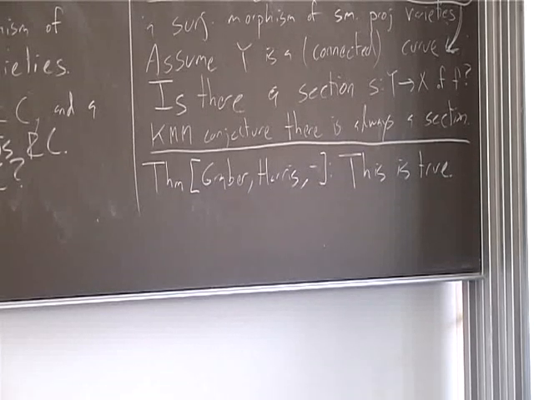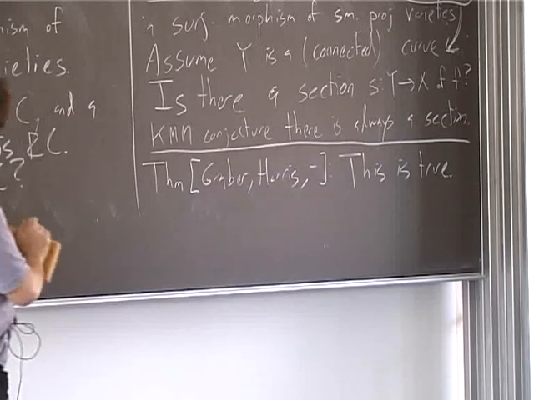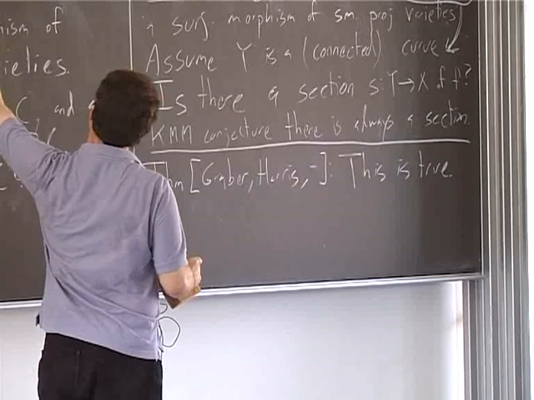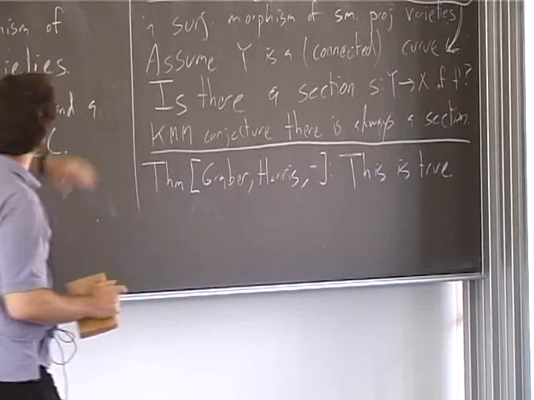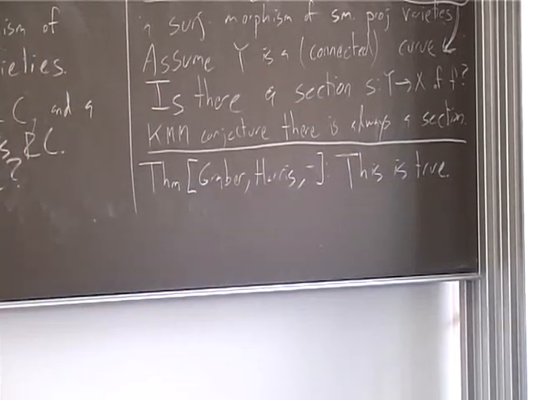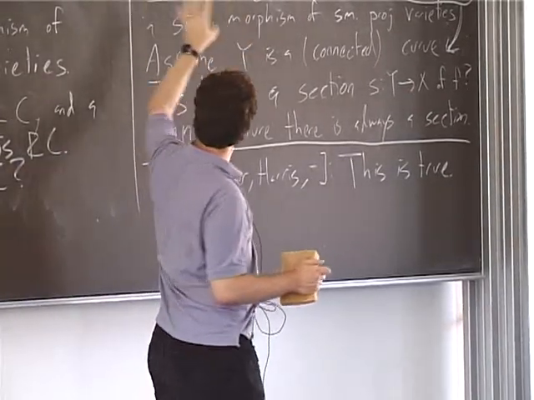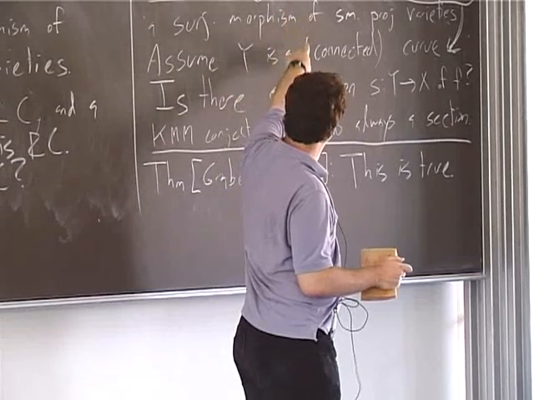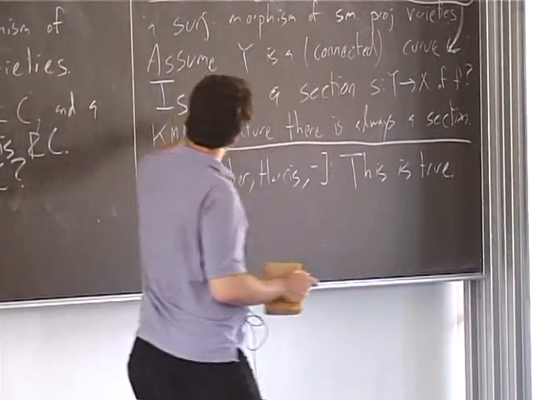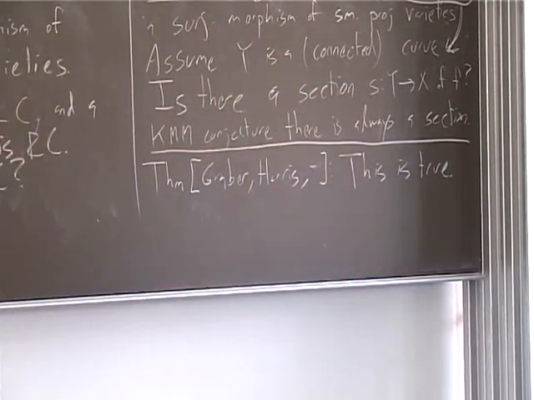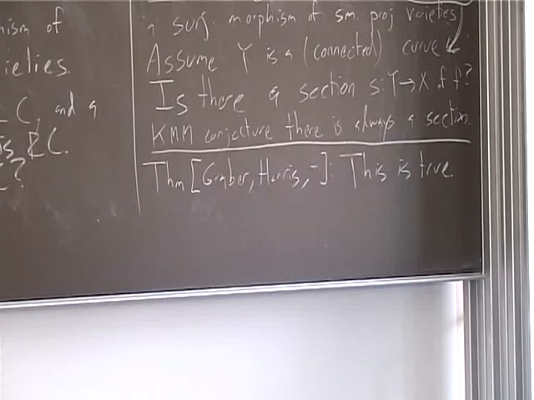Now we restrict this morphism over that curve, taking the inverse image of that curve. We look at that fibration. Now it's a fibration over a curve, and the hypothesis is that a general fiber is rationally connected. So it's a fibration over a curve that satisfies these hypotheses, and then this theorem tells you there is a section, but there's more.